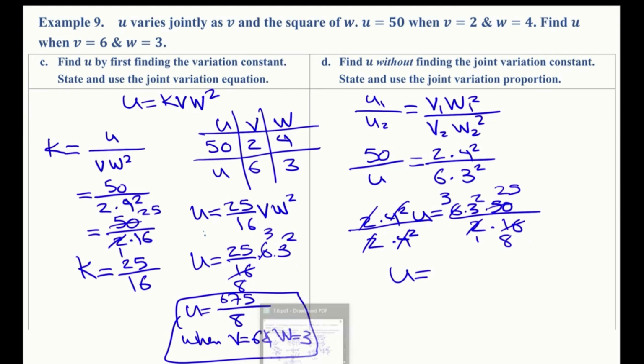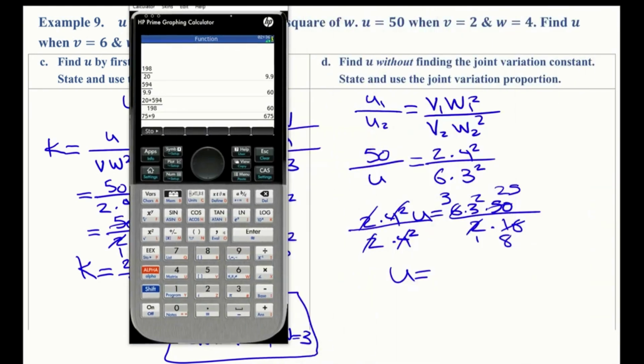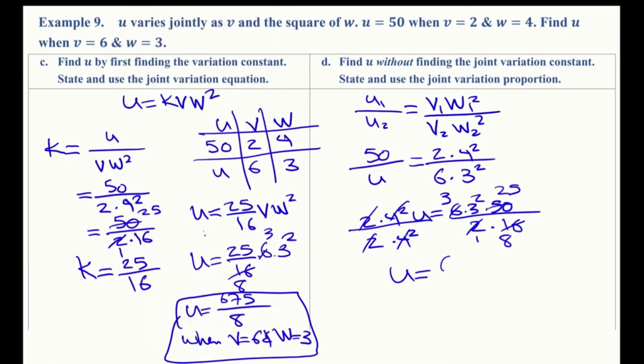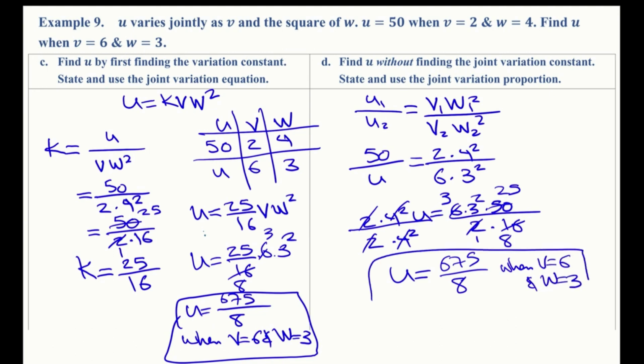So we have 3 times 9 times 25, which is 675 over 8. And of course, that's when v is 6 and w equals 3, just as we got in the left example.